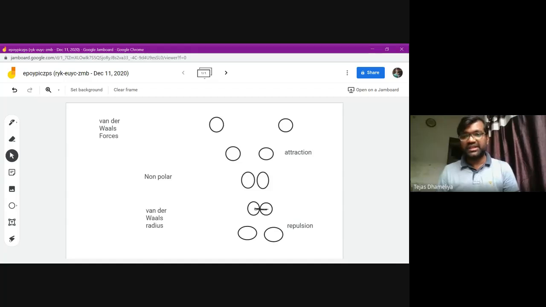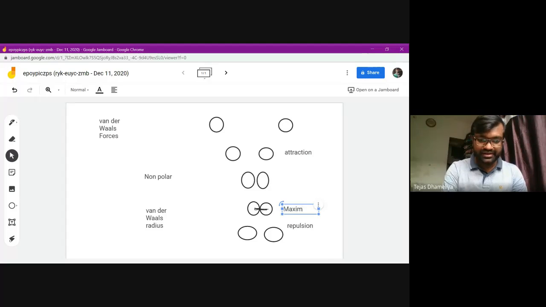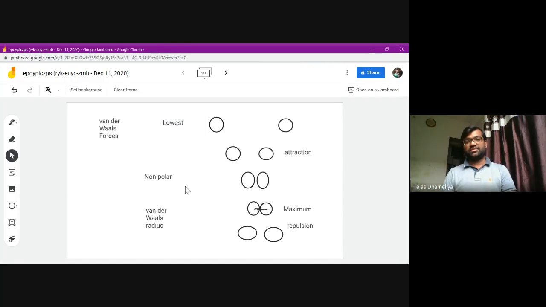Here the force was maximum, but here it was the lowest one. Here the van der Waals force is the lowest. That way, the magnitude of van der Waals force is changed.